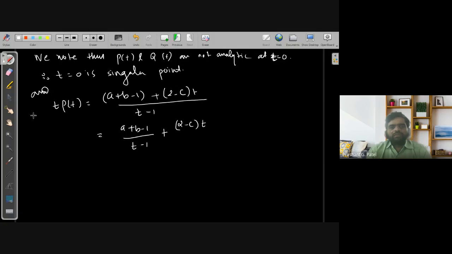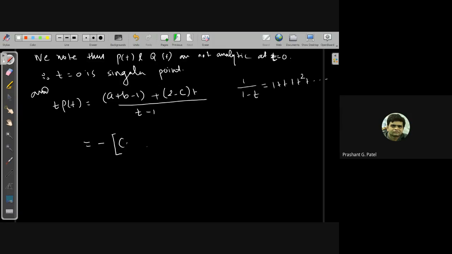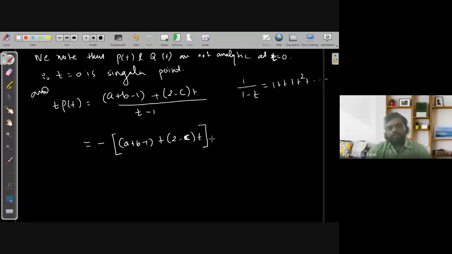Or I can just simplify as 1 over 1 minus t. We know that it is 1 plus t square up to so on. This is t minus 1 into t, plus t minus 1 plus 2 minus c into 1 plus t square up to so on.